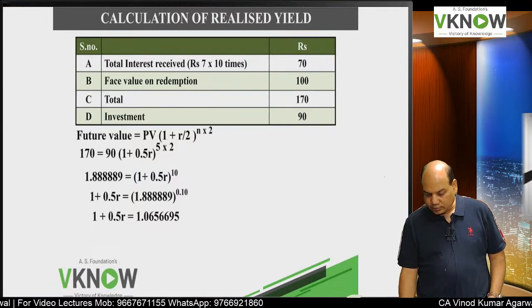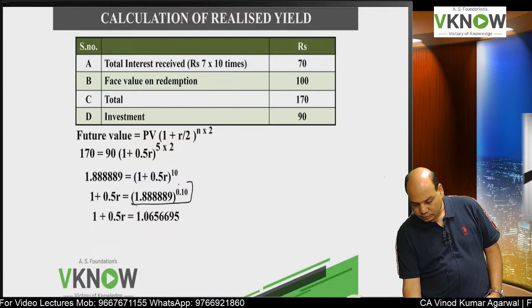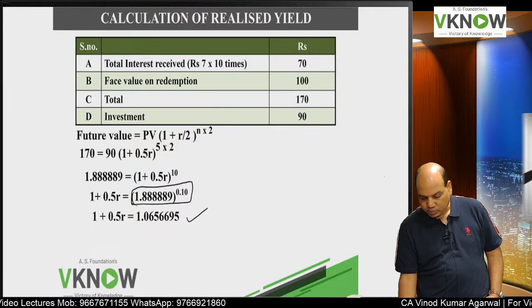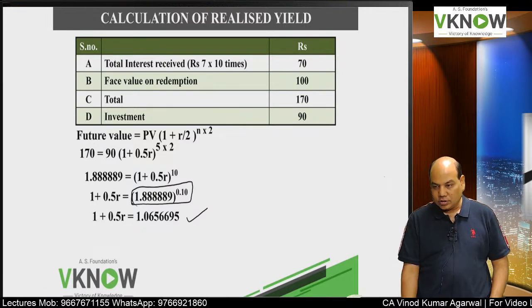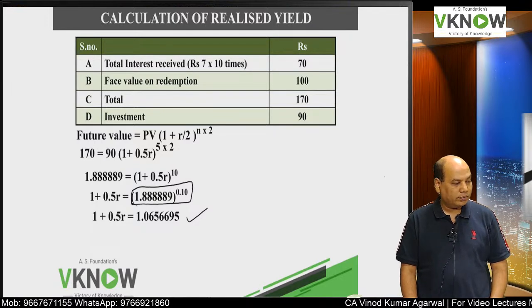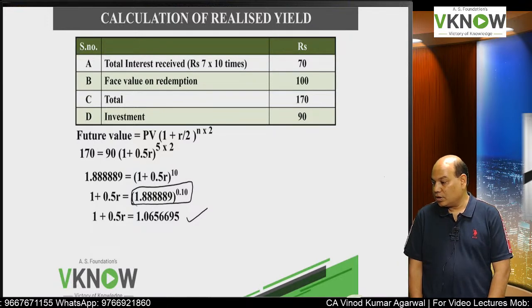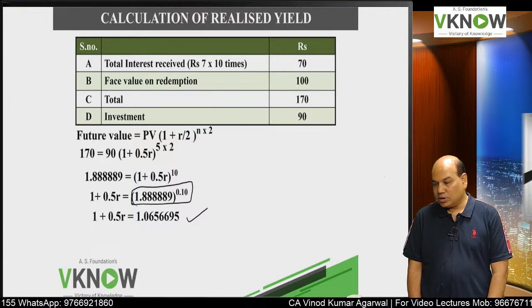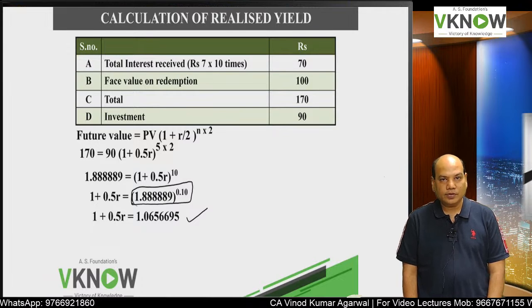So you will get for this part an answer 1.06566695, something like that. You can round off if you want. Yes, students, please confirm, is it right?